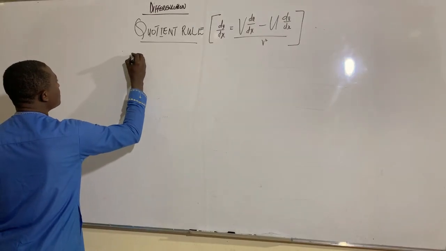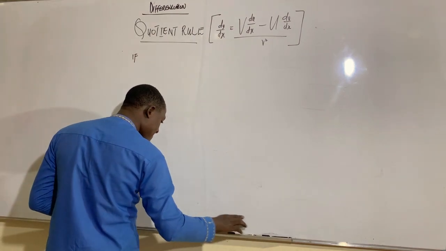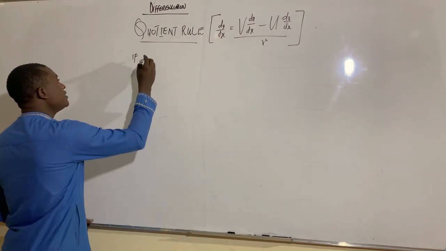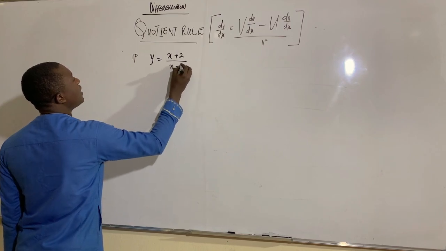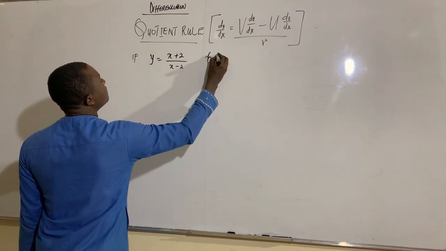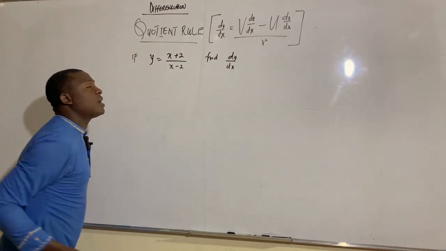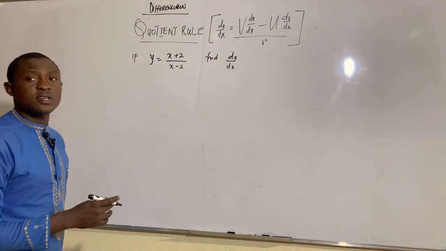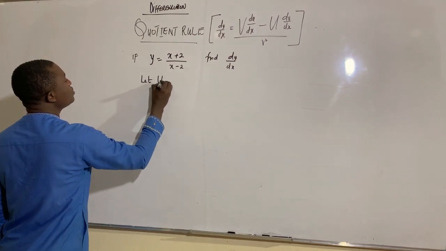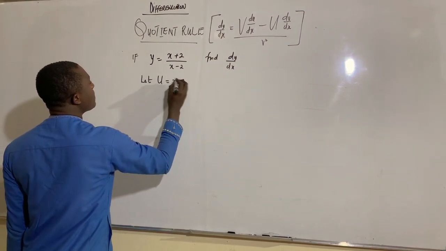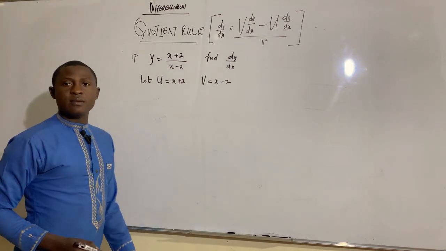We say if y is equal to x plus 2 over x minus 2, we are asked to find dy/dx. Since it's just a quotient, we do the same thing. Let u be x plus 2 and let v be x minus 2.